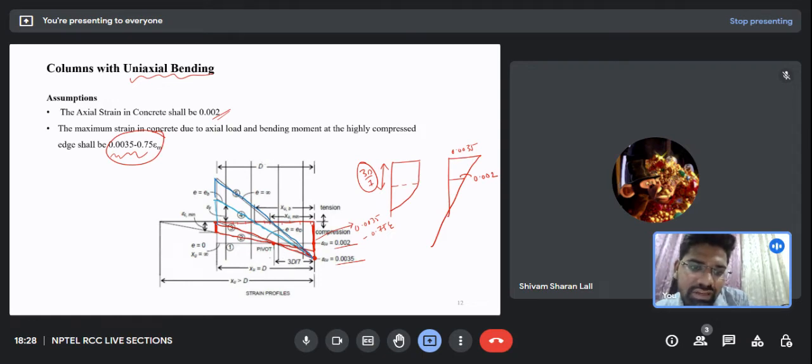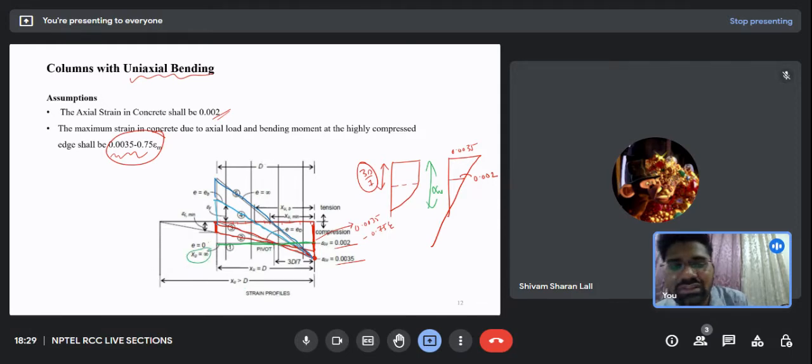If you see here, at the pivot point some strains are lying on the compression side and some strains are lying on the tensile side. For case 1, where the strain along all points is 0.002, my xu, this one which we call xu now, was greater than d, or I can also say this xu could go to infinity, for the green one.